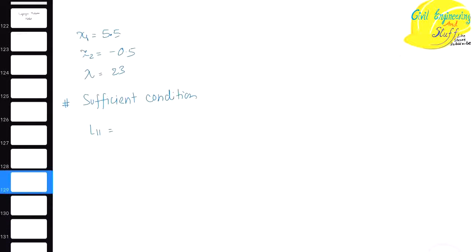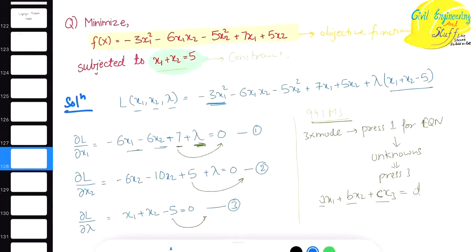So L11 will be the second partial derivative of L with respect to x1 squared. We have already differentiated equation 1 the first time, so we are going to differentiate this equation again.